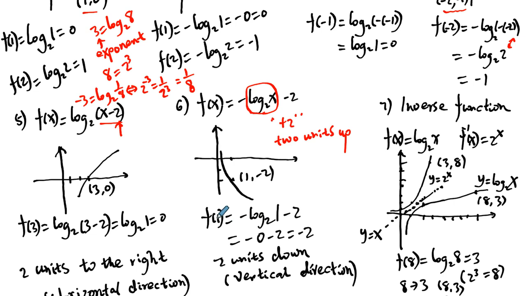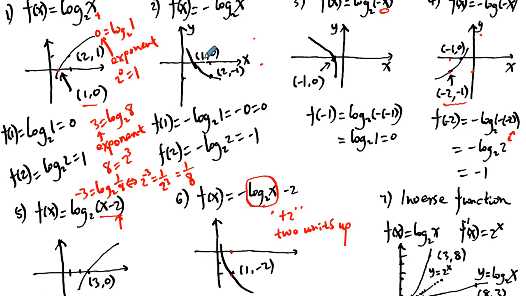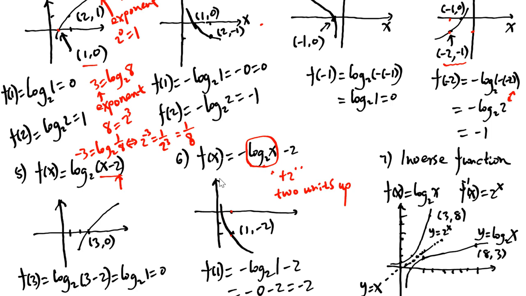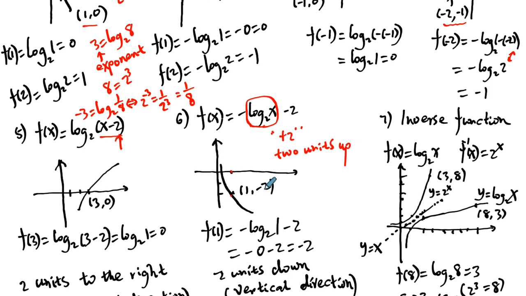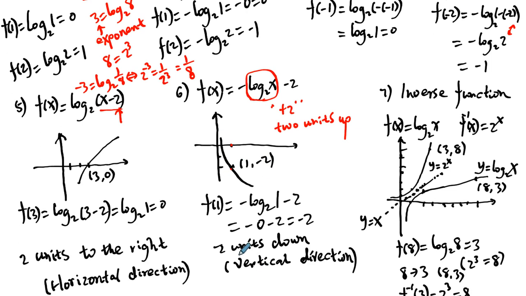So when you plug in 1 here, you have a negative 2. So 1, negative 2. So this point, x is 1. You have a point right here. So then this point goes from 1, 0 to 1, negative 2. So that's 2 units down, in the negative direction.